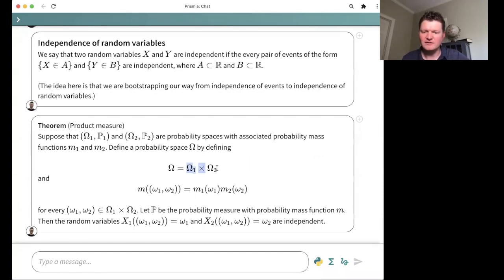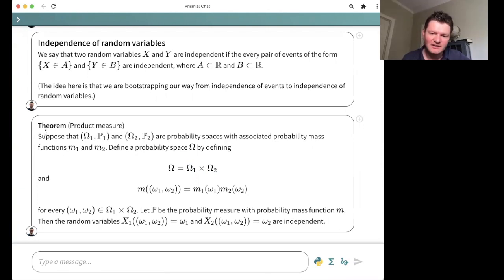So we use the set of ordered pairs, one element from the first probability space, one element from the second probability space as our probability space. And for the probability mass function, we just multiply. So for every tuple, you multiply the mass coming from the first probability space, times the mass coming from the second probability space, and that's the mass for that particular outcome.